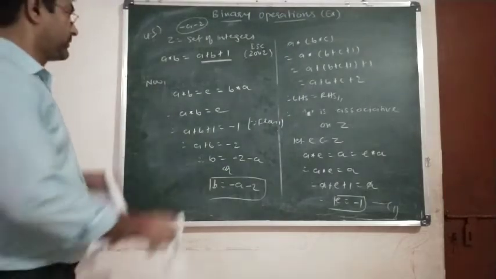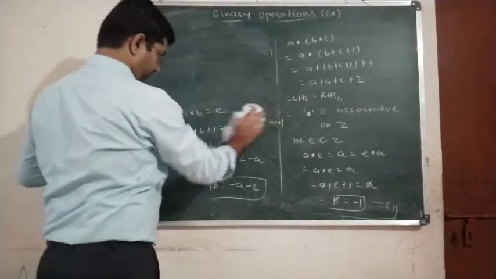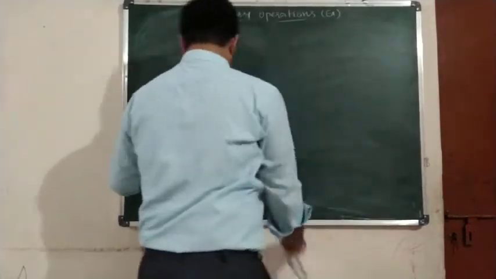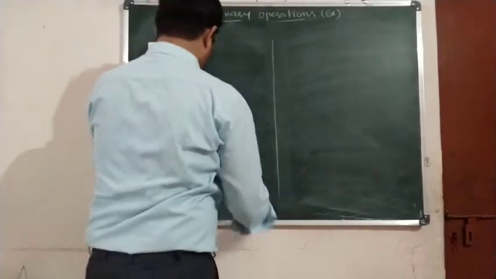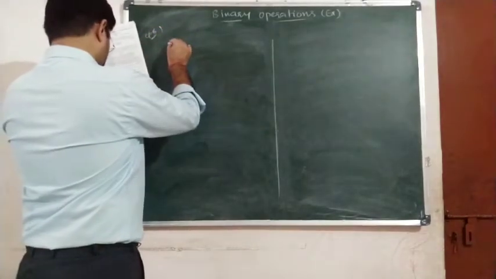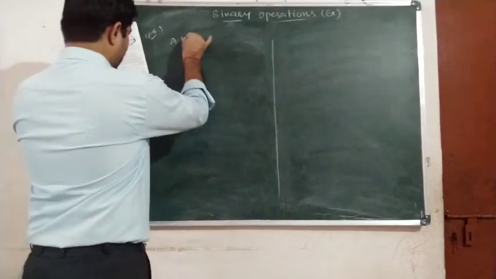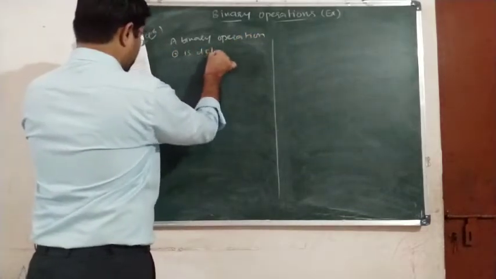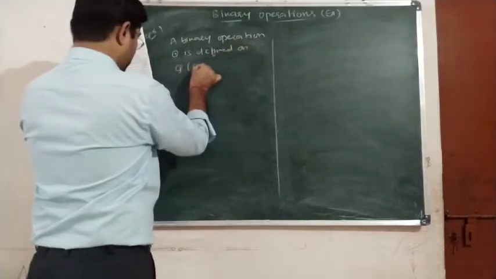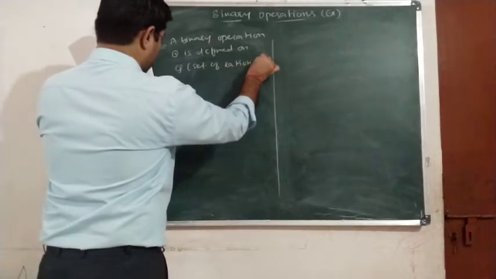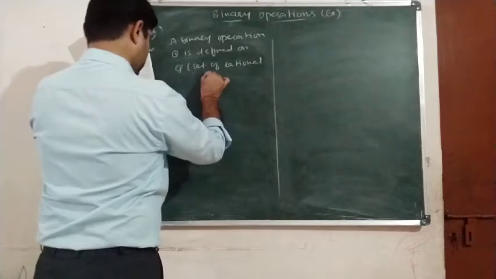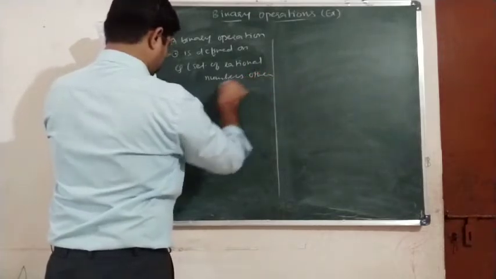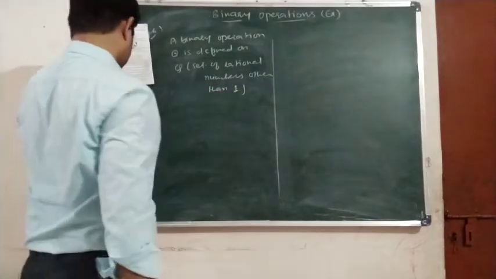Okay, now let us solve the next question, question number 6. A binary operation O dot is defined on Q, where Q is the set of all rational numbers other than 1.